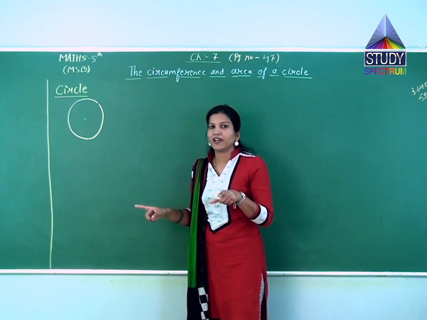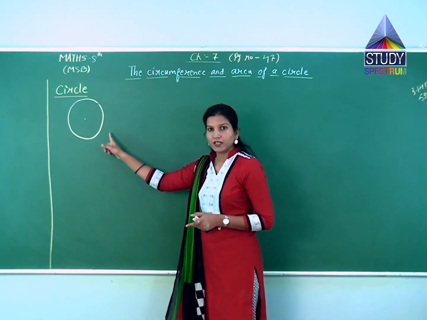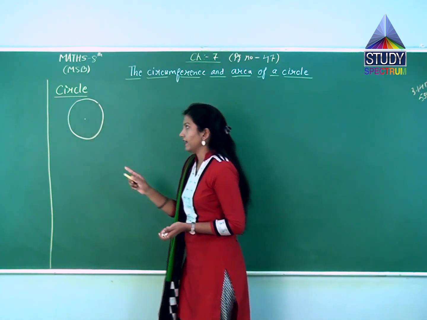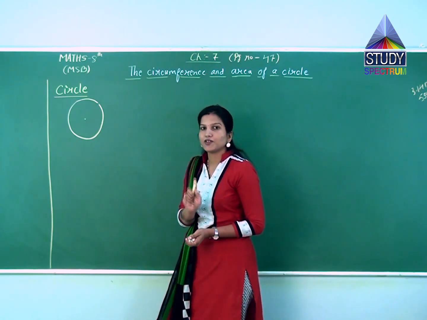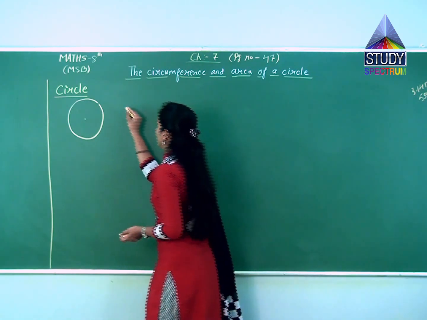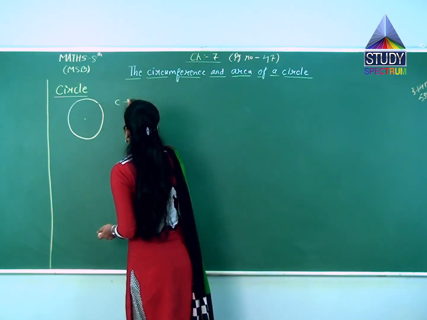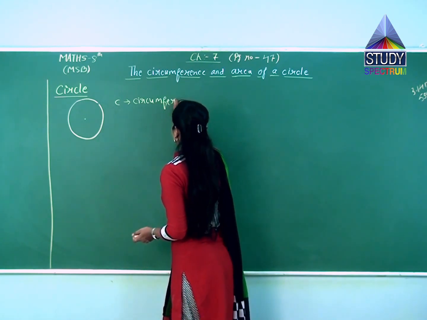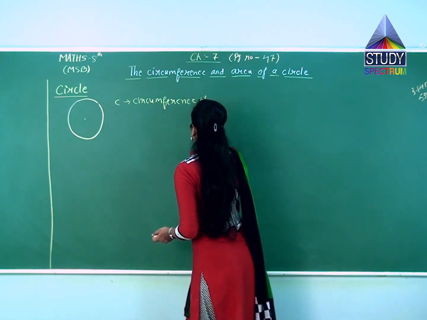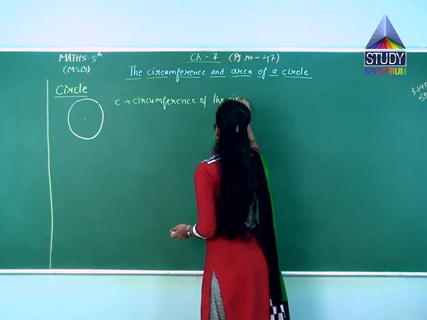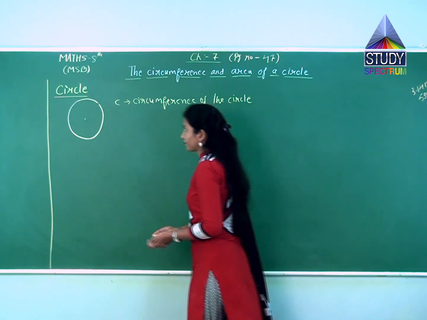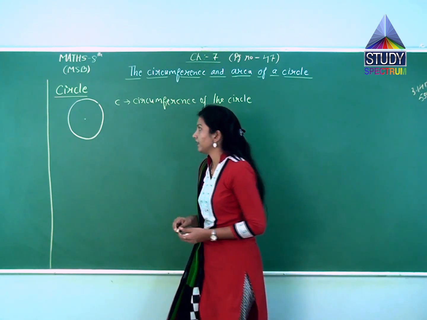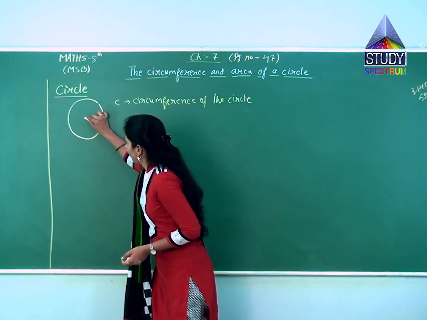So, this is the circumference of the circle, and the circumference of the circle is denoted by the letter C. Here, C is circumference of the circle.